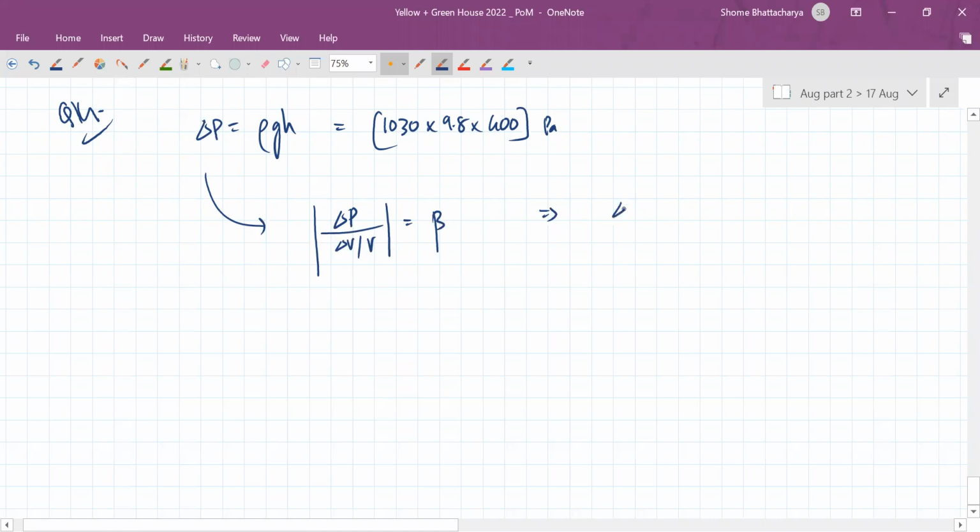Okay, so the volume compression, when you remove the mod, it will be minus of the excess pressure divided by the bulk's modulus.